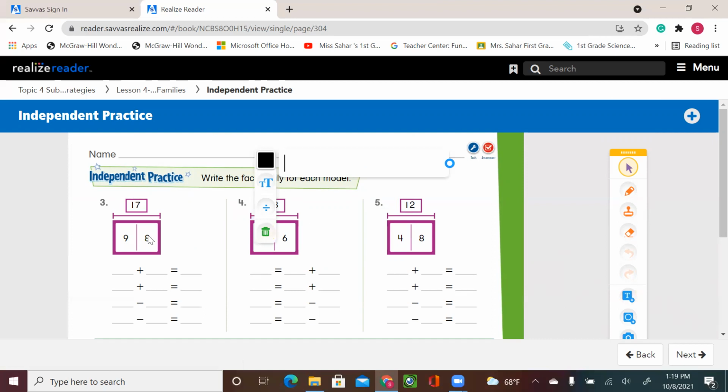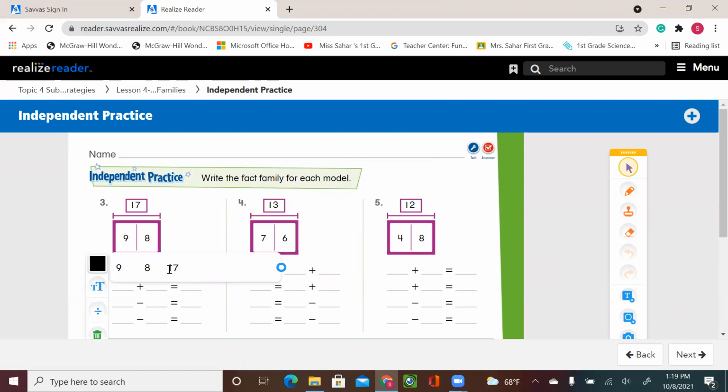So what I'm going to do, I'm going to add 9 plus 8 equals, very good, 17. So 9 plus 8, these are my two parts, and this is my total or sum. All right, so 9 plus 8 equals 17.